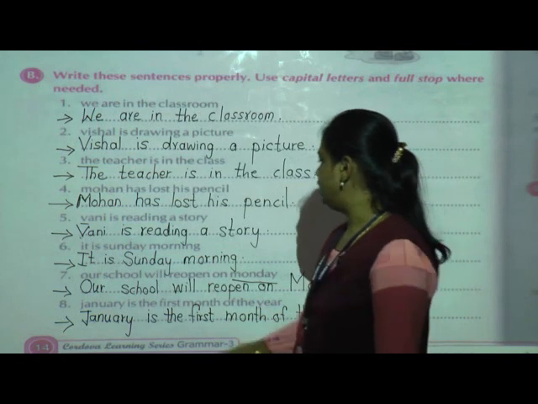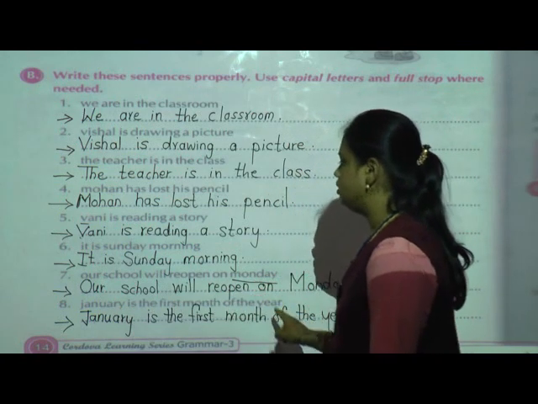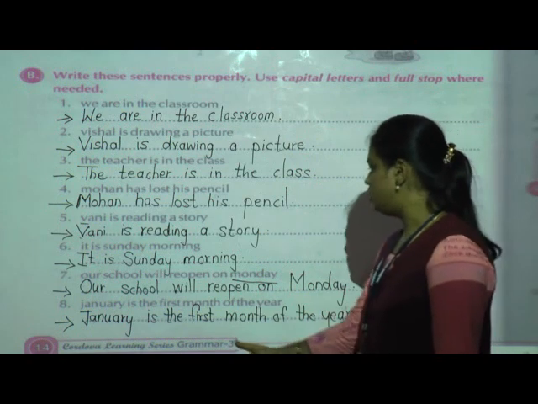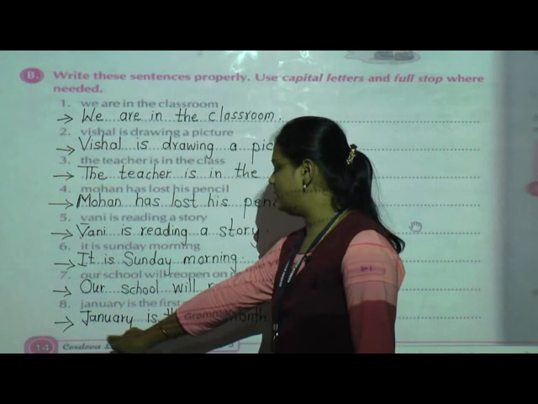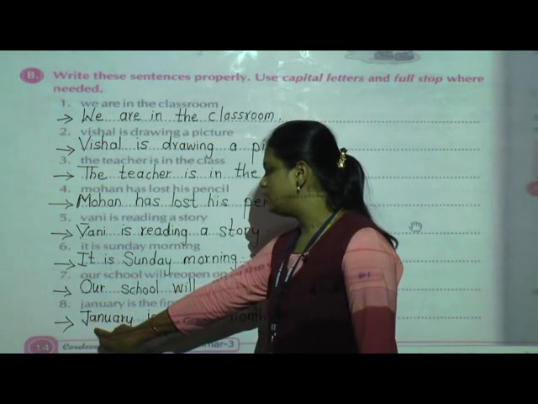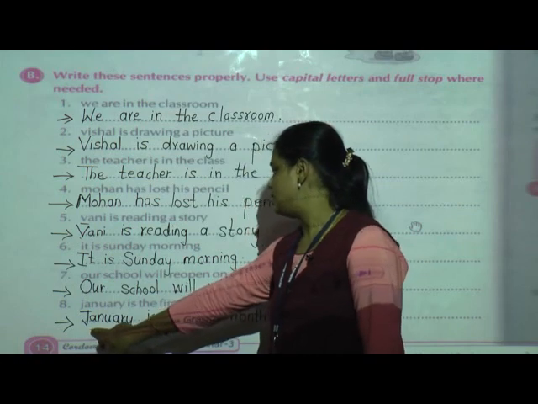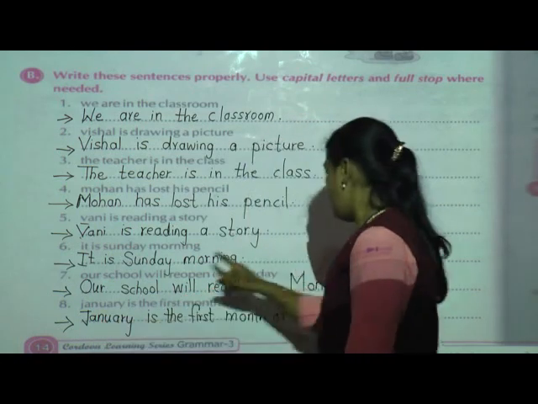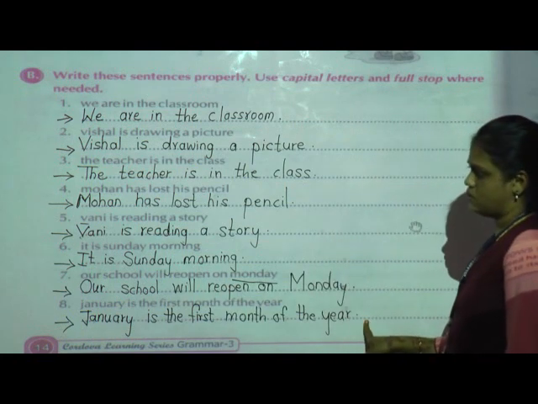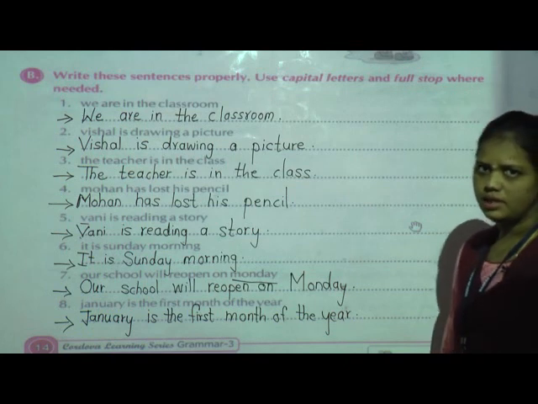Now the eighth one is: January is the first month of the year. Here a month name is given. So here I wrote J in capital in January. The sentence begins with a capital letter and ends with a full stop. These are the examples we have solved in this lesson.